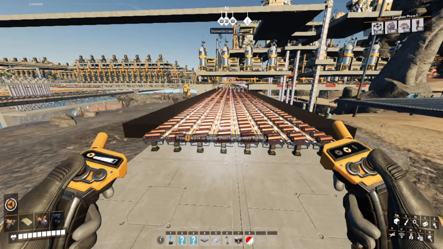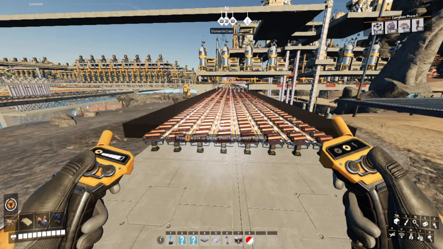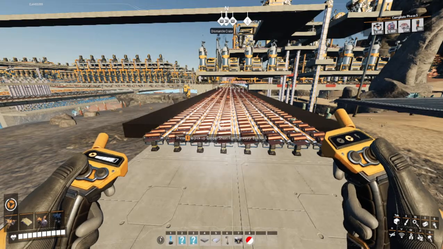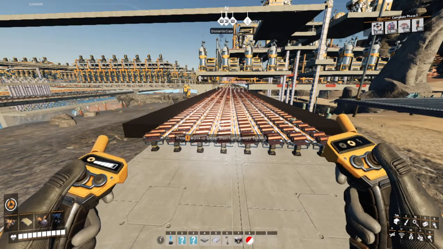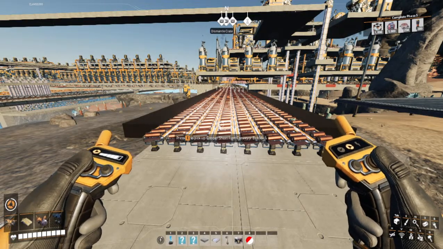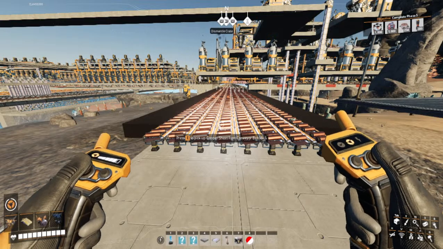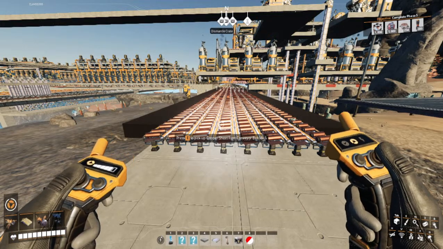Kind of working some numbers, you know. Okay, so that would feed 20 machines. That would feed 5, 5, 5. That's 20. Now I need 8 of those, right?